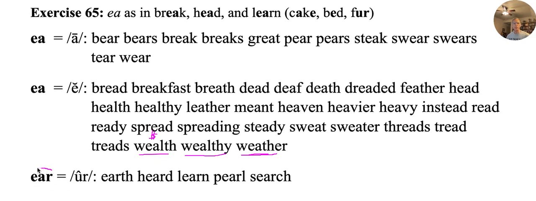And the last group is EAR, that has the sound, not ear, but as in the word earth. The earth revolves around the sun. Heard. Have you heard a good joke lately? Learn. We need to learn as much as we can.